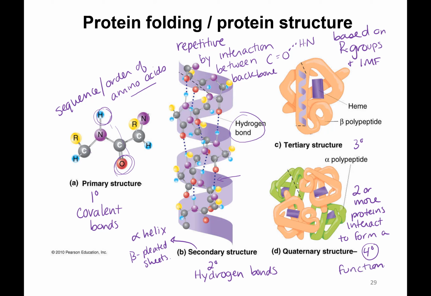And sometimes people don't call it proteins, they say two or more polypeptides, because actually the term protein implies function. I'm not going to get picky about that. Know that quaternary structure means two or more of these polypeptides coming together to form a functional unit.